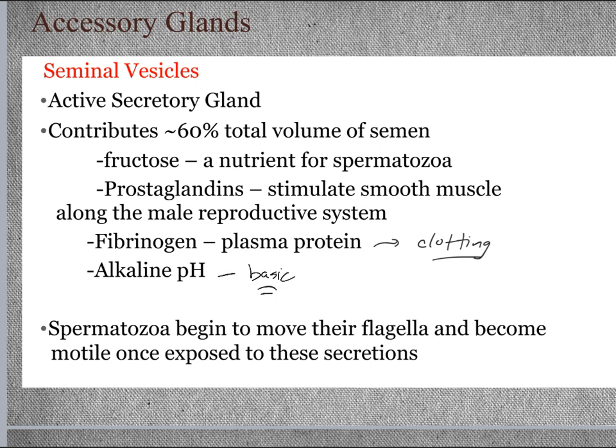So again, why are we making it so basic? We are neutralizing. Remember, we just said that the vagina is very, very acidic, so we have to remove that acidity by, again, protecting the sperm by making it basic. So again, at this point, spermatozoa begin to move their tails, their flagella, and they are motile, and they're good to start swimming.